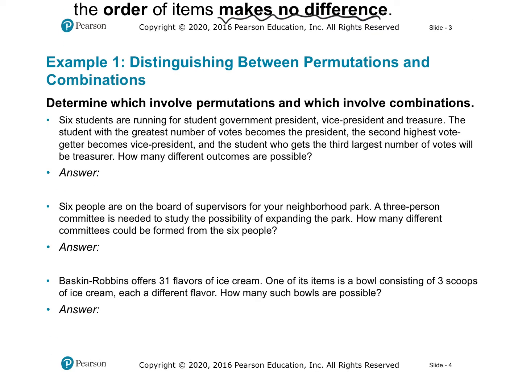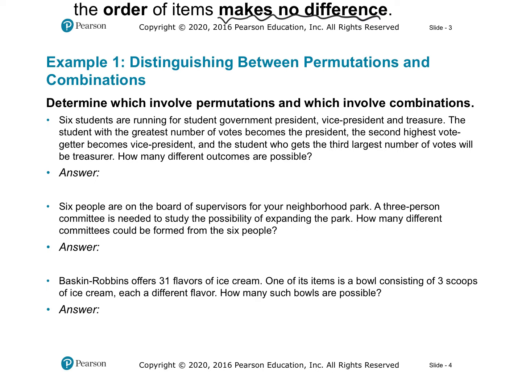All right, it says determine which involve permutations and which involve combinations. Six students are running for student government president, vice president, and treasurer. The student with the greatest number of votes becomes president. The second highest vote getter becomes vice president, and the student who gets the third largest number of votes will be treasurer.